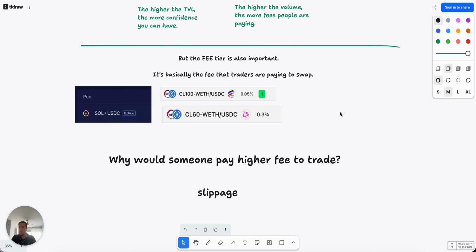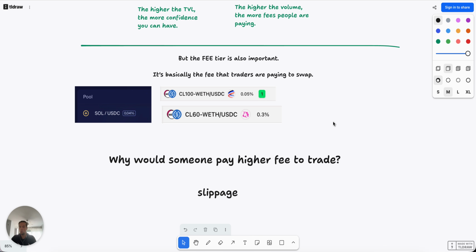So sometimes it makes sense to deploy capital into the pools with a higher fee tier, even though the volumes are lower in comparison to the majority of the pools. With, let's say, this one, the volumes will be lower, but the fees generated in most cases will be higher, meaning that people are paying more fee per trade, which also means there is a higher average trade per customer. In that case, it also makes sense to deploy capital into that pool, because you will get better returns as a liquidity provider as well.